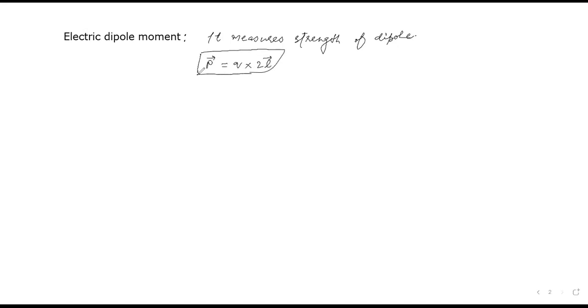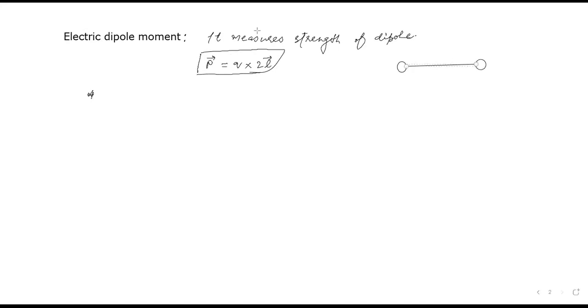This is the formula of electric dipole moment. You already know the unit of charge is coulomb, and 2L, where L is the length. What is the length? It is the separation between these two charges, and the separation between them is 2L.